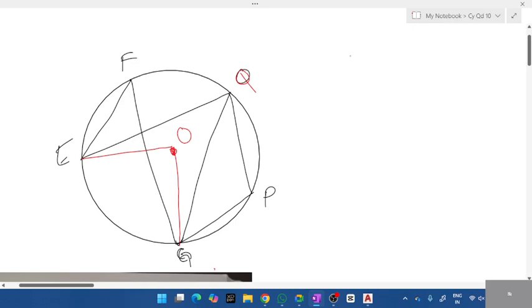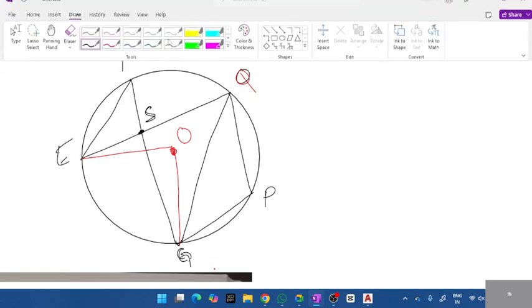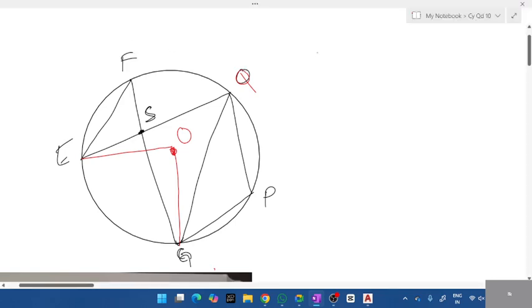Okay, find out the sector, segment, and triangle in this. I want all of you to find out sector, segment, and triangle. There are a lot of diagrams, students. I'll give you 2 minutes. Find out all the sectors, segments, and triangles.